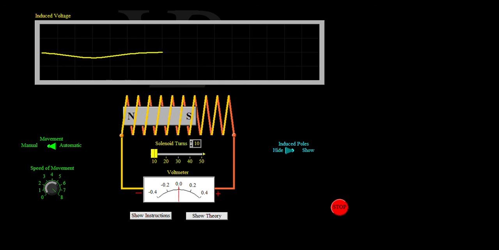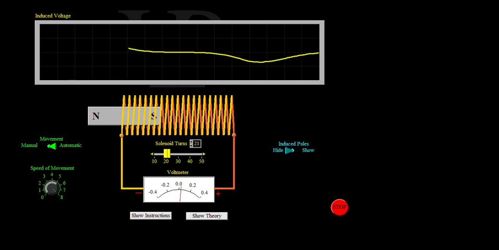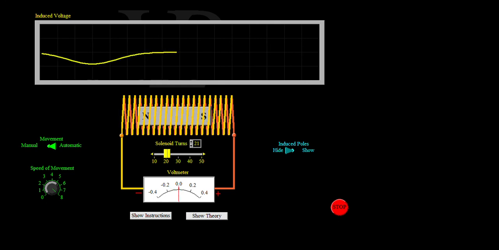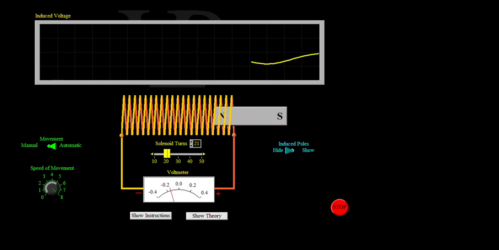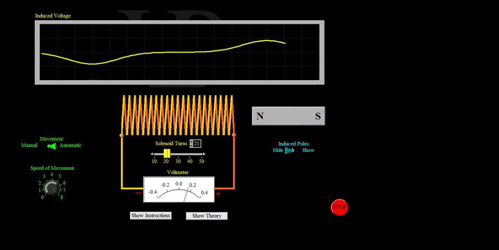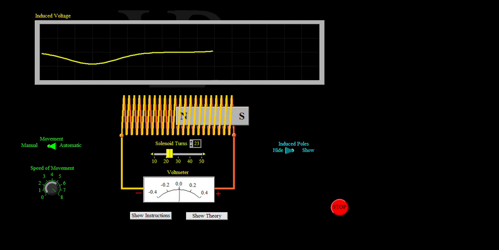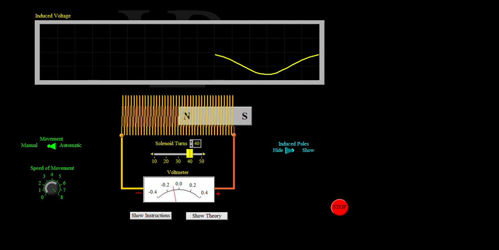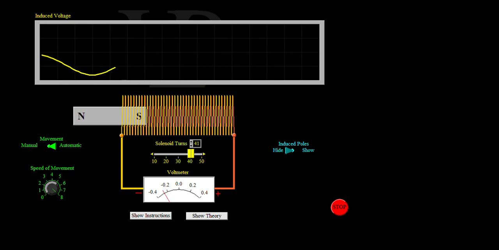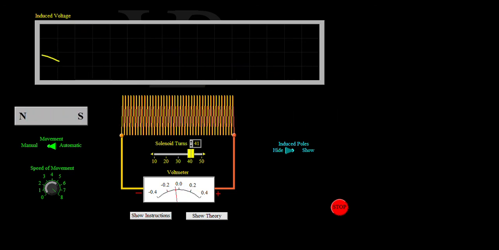So if we increase the flux linkage for the same speed, we're increasing the rate of change of flux linkage as the magnet moves through, and so we're increasing the induced EMF or potential difference or voltage, whatever level we're talking about.